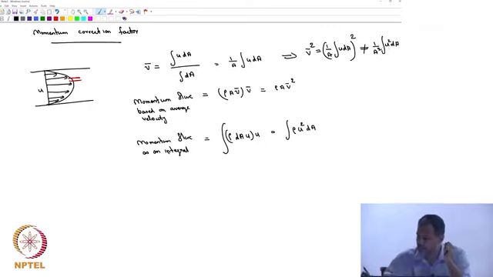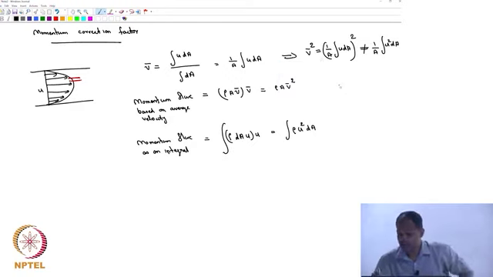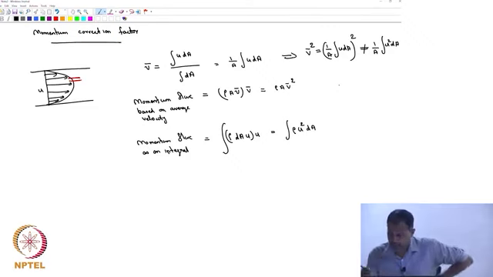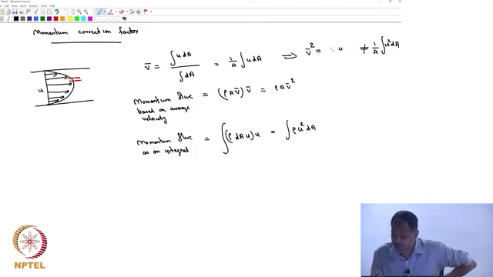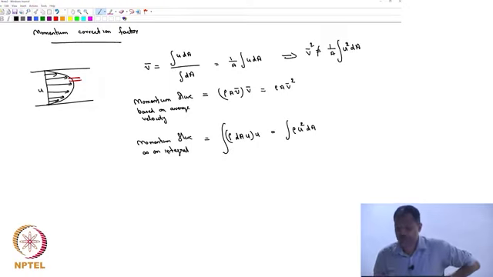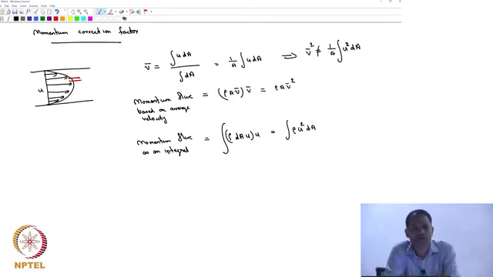So v bar square is not equal to 1 by A times the integral of u square dA. The square of the average is not equal to the average of the square.